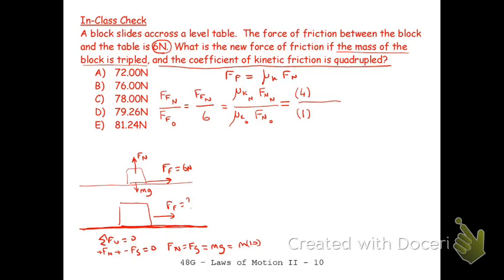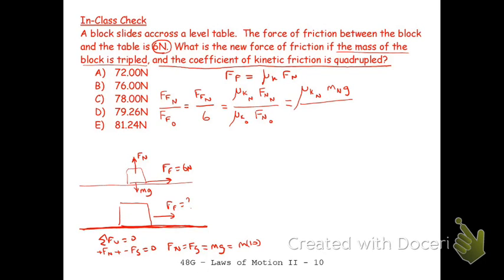But I can see that, and I can say, oh, so this would be... sorry, if you've written that last bit down, I'm going to backtrack a little bit. I'm going to get rid of that and come down here. I'm going to say, well, this is equal to mu k new, not times Fn new, but m new g.